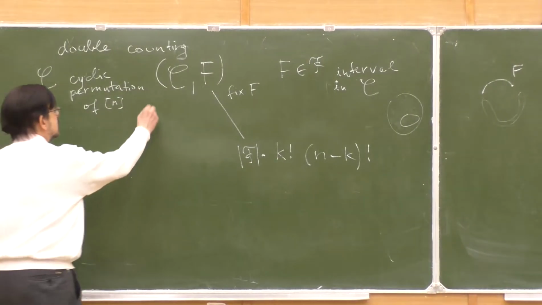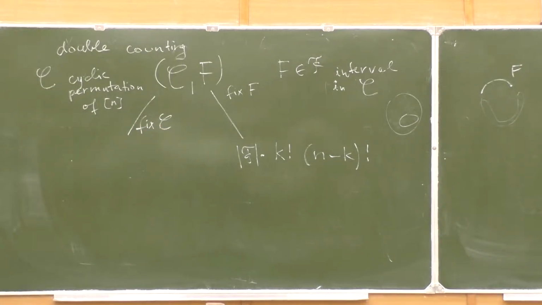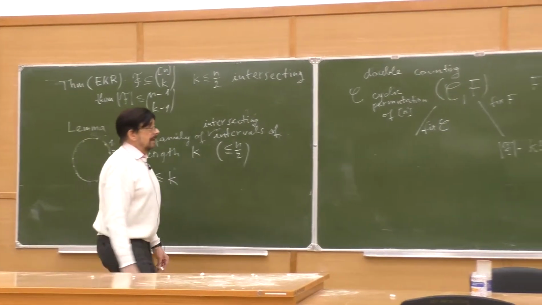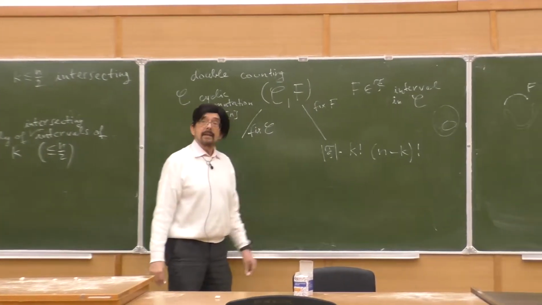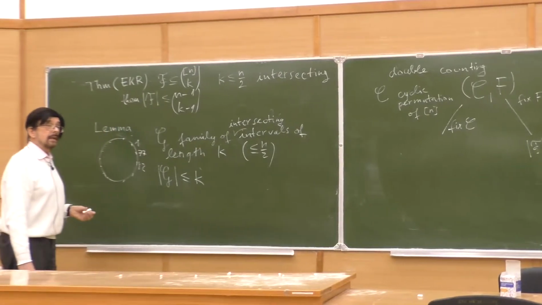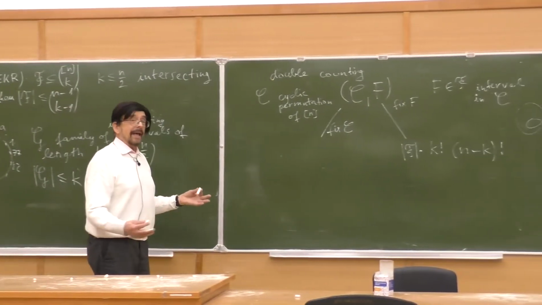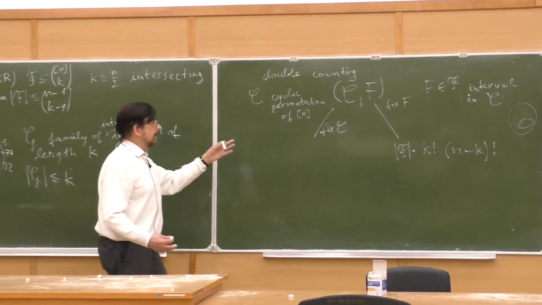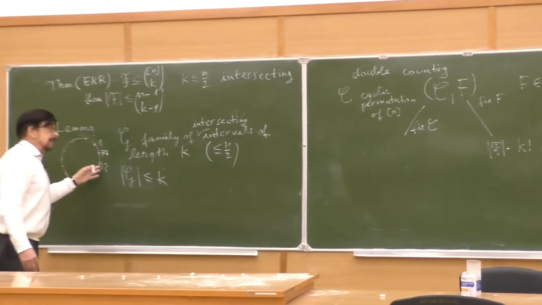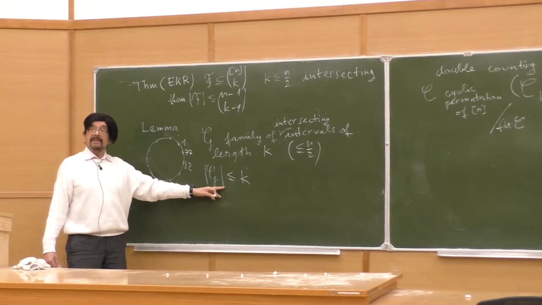So now try to fix the cyclic permutation. So we are now here, and we consider the members of F which are intervals in this cyclic ordering. We cannot tell how many of the members of F will be intervals here, but we know that we cannot have more than k because they are intersecting also.